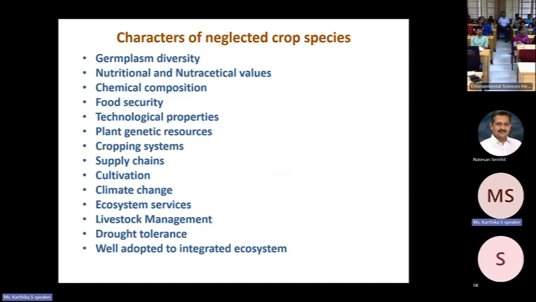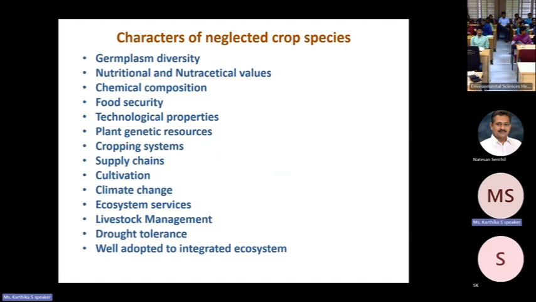If you are neglecting them, they will be eliminated from the ecosystem or environment. Allied species are necessary to improve crops, especially agriculturists definitely need them. That's why they are conserving germplasm in Delhi, at IBGRI. They are conserving all these germplasms. No problem. So these are all the factors. We have to concentrate on the characters of the neglected crops.